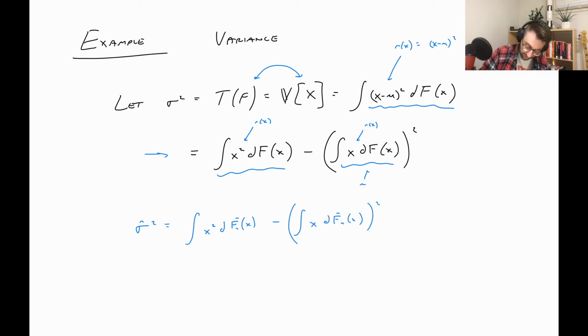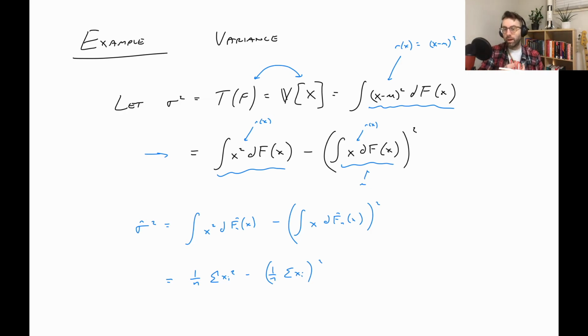And again, we could have jumped straight to here, realizing it was a linear functional, but I chose not to for whatever reason. So actually, I'm going to put this on a new line. So this is equal to 1 over n sum of the xi squared minus 1 over n sum of the xi, that whole thing squared.